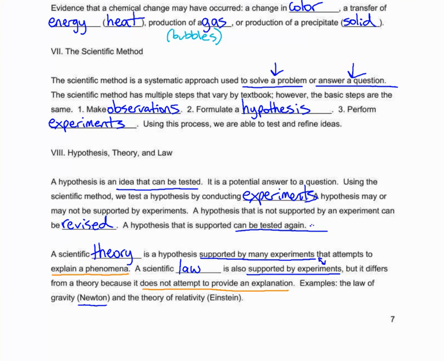Here's an example of a theory, the theory of relativity. Albert Einstein. The theory of relativity actually is somewhat complicated, but there are experiments that support it. For instance, one part of the theory of relativity is called time dilation.